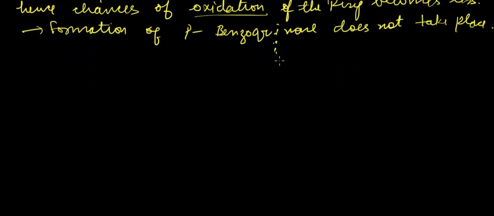So let's now see another set of reactions called elimination intramolecular. Okay, so what actually happens in elimination intramolecular is we have what is called a tertiary amine oxide.